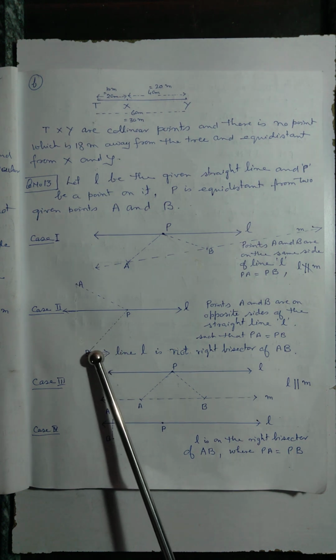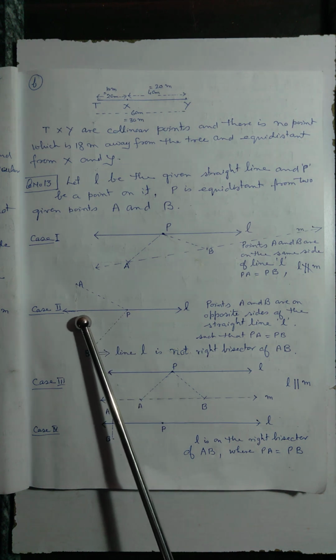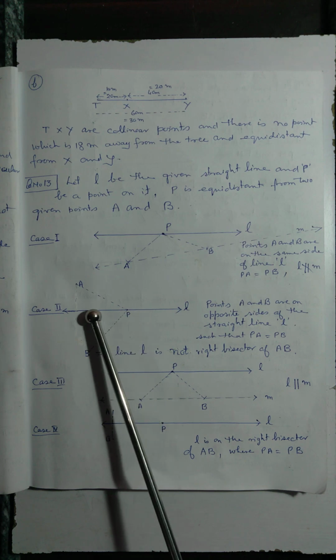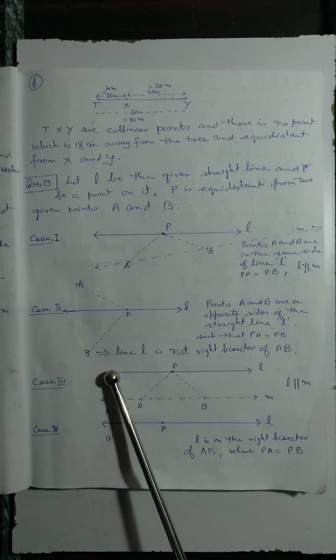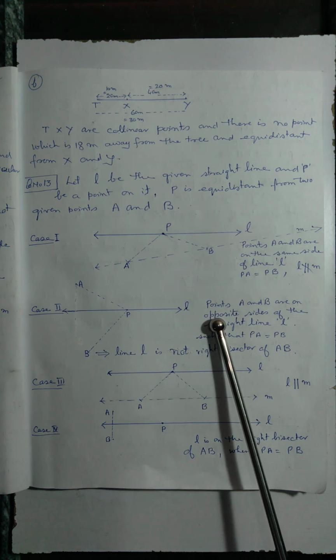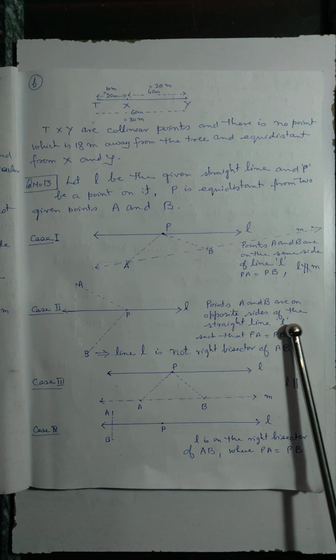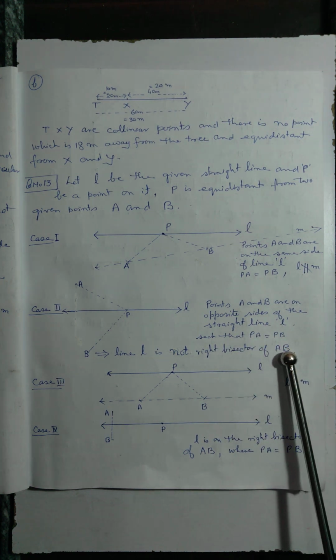Means if you join AB, the angle made by P, let the point be C, that is angle PCA and PCB will not be equal to 90 degrees. That is why I have written here the points A and B are on the opposite sides of the straight line L such that PA and PB are equal.